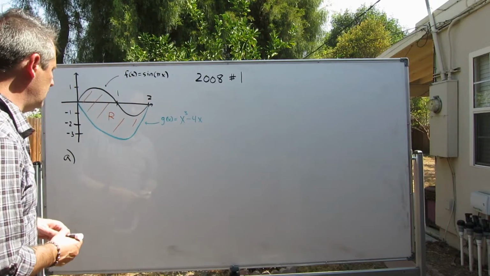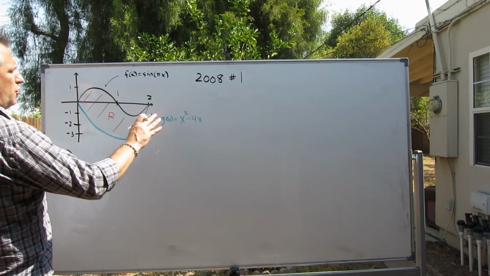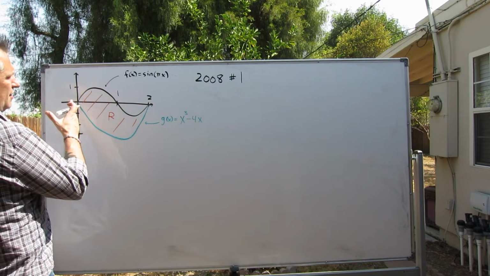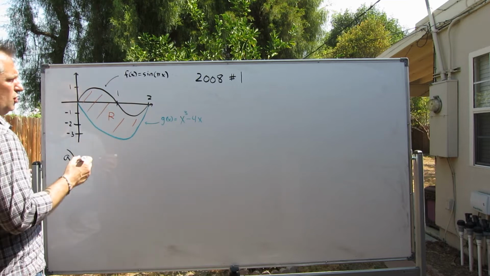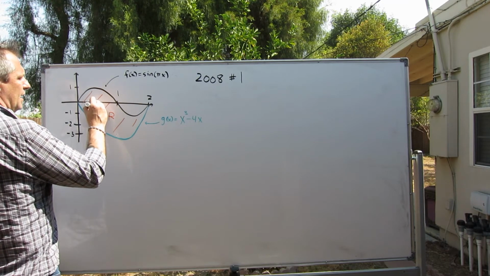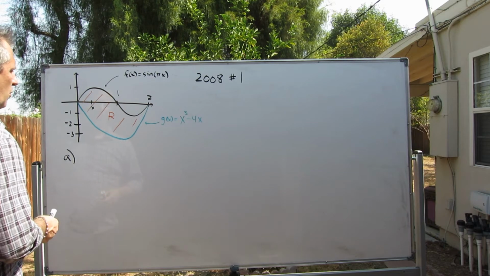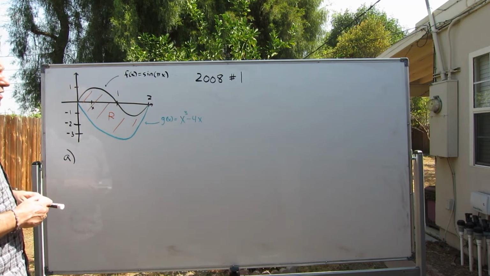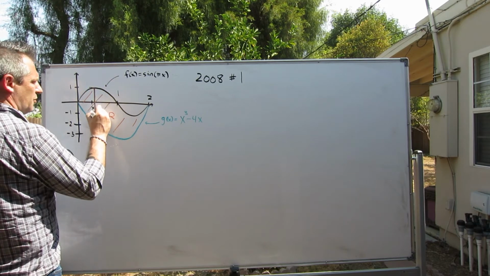So the way I do that is I'm going to pick a random x value over the region that I'm interested in, and I see that x seems to range from 0 to 2. And if I happen to pick my x over here, the rectangle that I would make to help me find the area of this region would look something like this.